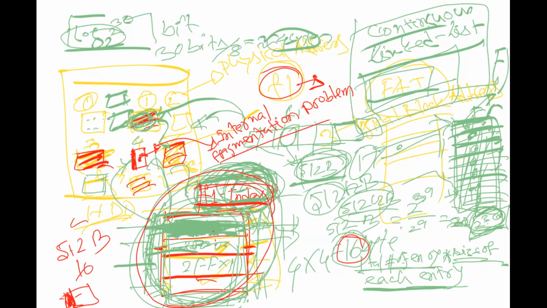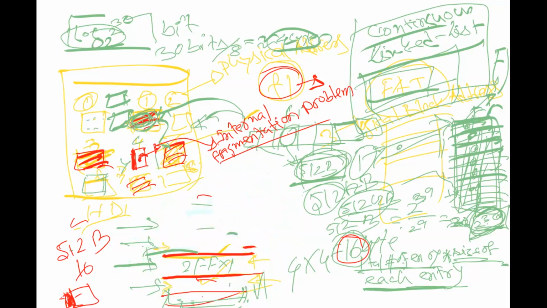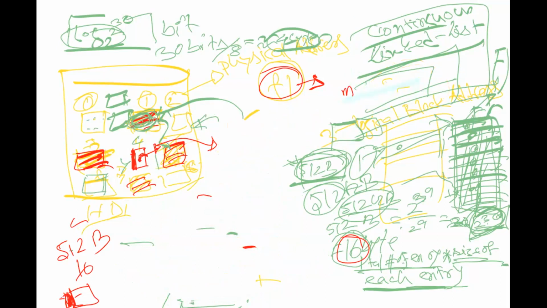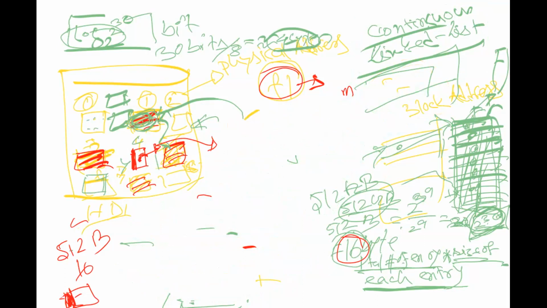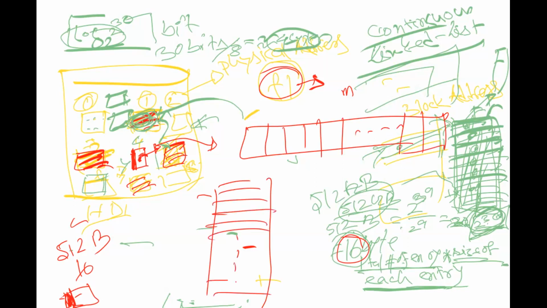Let's say you have a file index table, and you have a very big file with lots of entries, lots of blocks. So your file index table will increase, and you know the entry size is around 4 bytes.